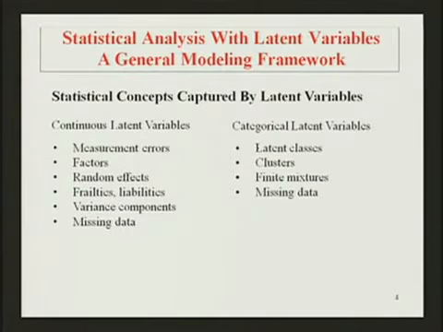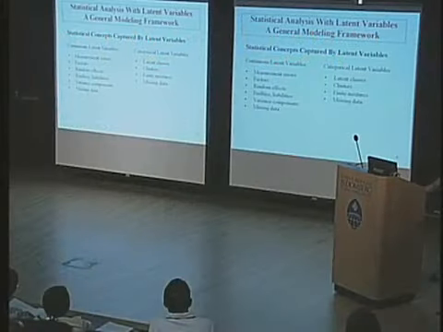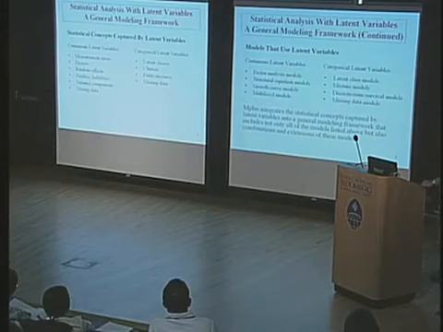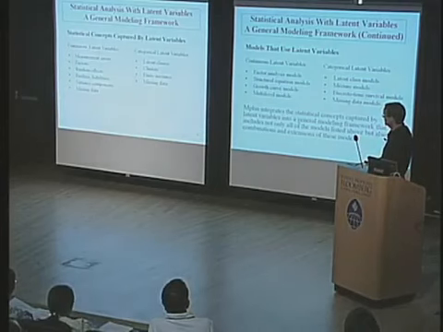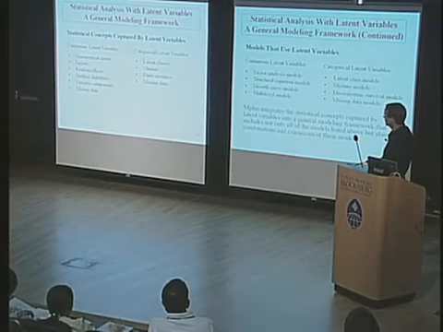And the idea is that we want to bring all these techniques together with the help of latent variables. The strength of the framework is that we combine continuous latent variables and categorical latent variables.